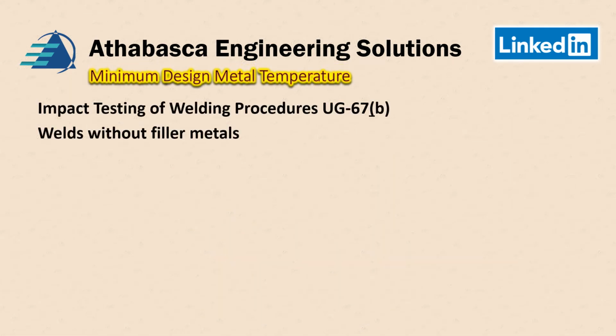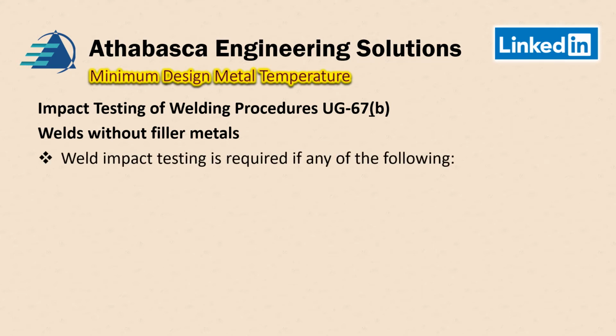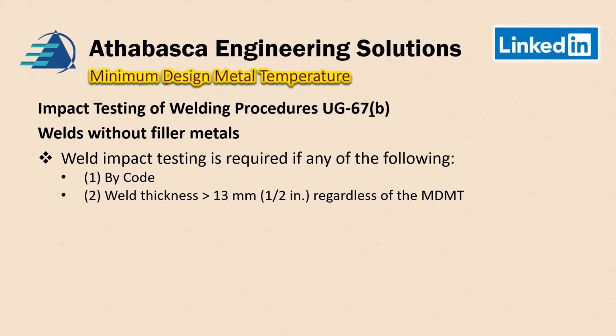Of welding procedures per UG 67B. This is with regards to welds without filler metals. They say weld impact testing is required if any of the following. Once again, if it's required by the rules of this division or by the code, and if the weld thickness is greater than half an inch or 13 millimeters, regardless of the MDMT, it needs to get done.